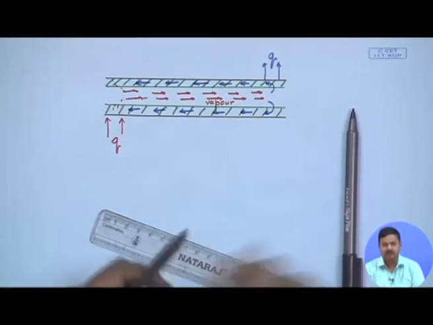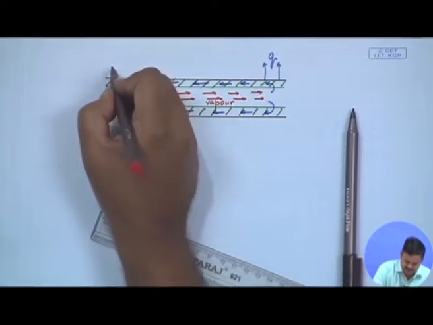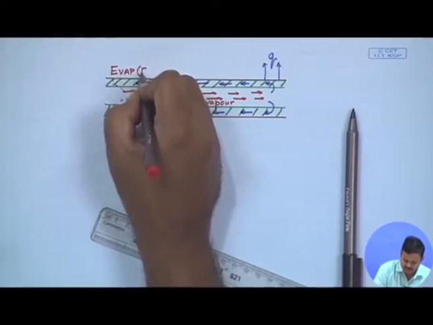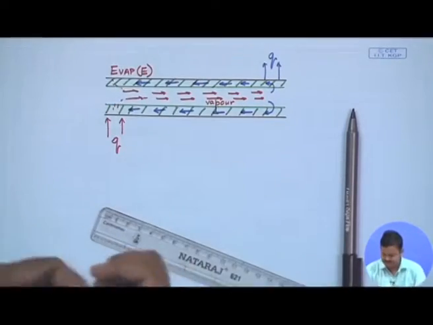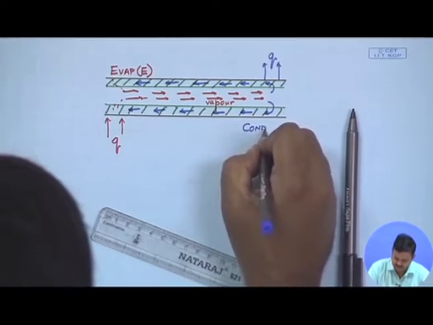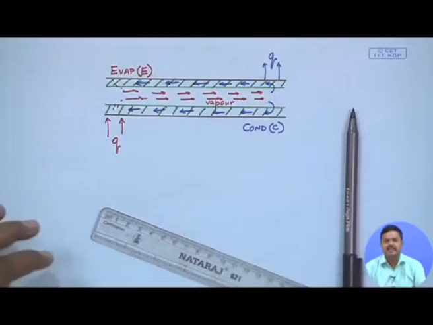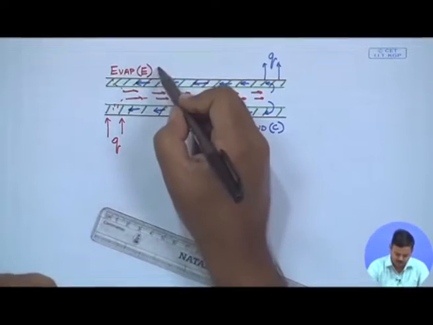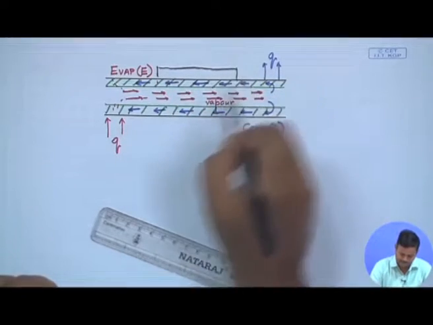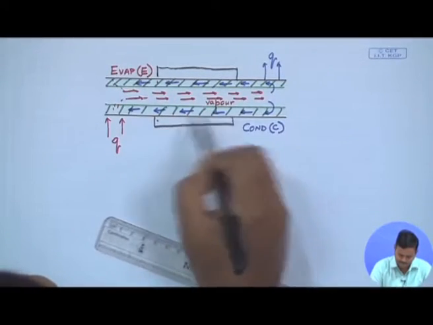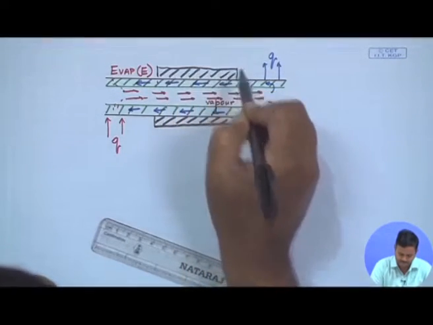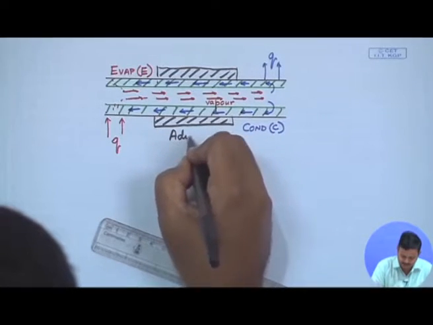So, is it clear now? As we said, this end we call the evaporator section, many times we will just denote it as E, and this end we will call the condenser section, and many times we will denote it as C. The middle portion over here is the adiabatic section.